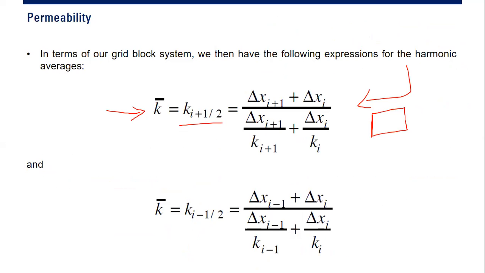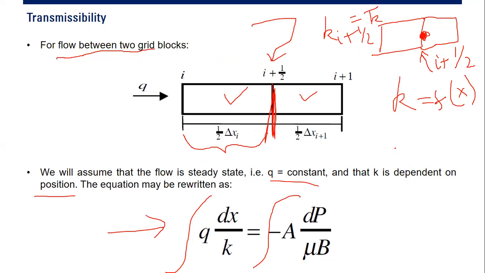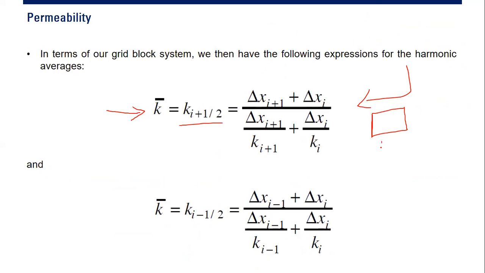With half delta x_i and half delta x_(i+1), you can calculate the permeability at this location.